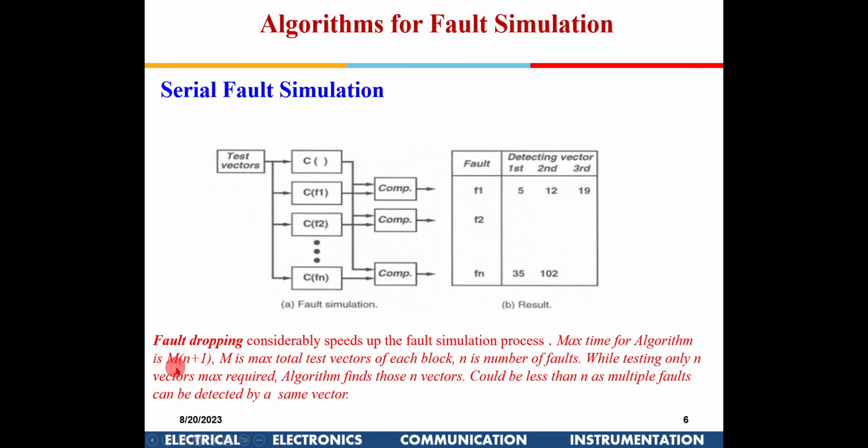So the total number of runs, the max time, will be this, and the total number of test vectors finally will be at most n, because there are n faults and corresponding to each fault I should have one test vector. But many faults will get clubbed by a single test vector, so it will be less than n. This is how serial fault simulation works.